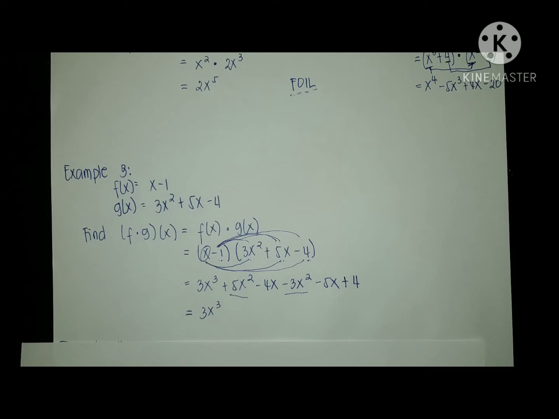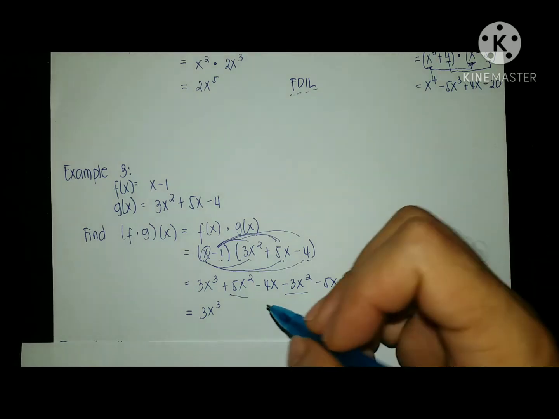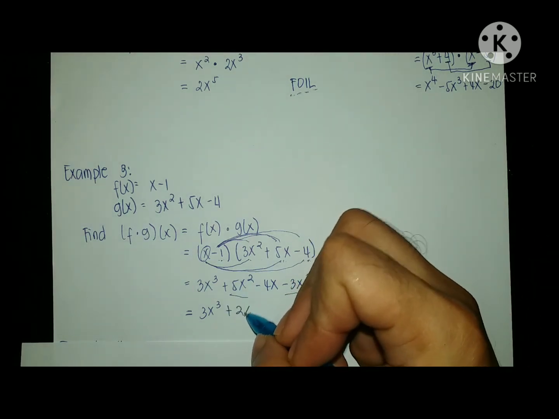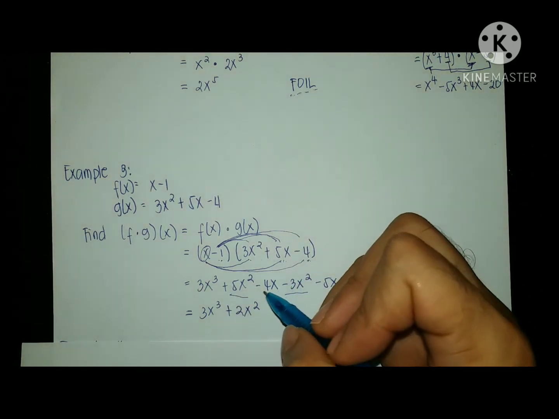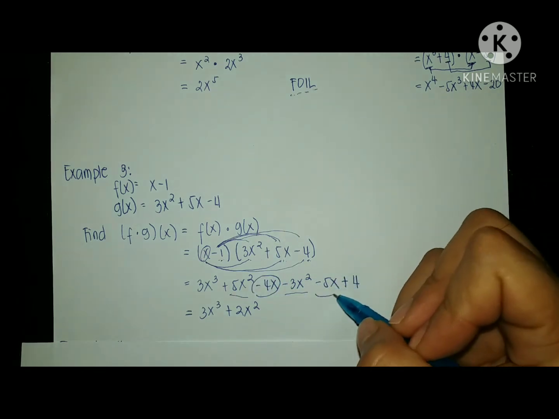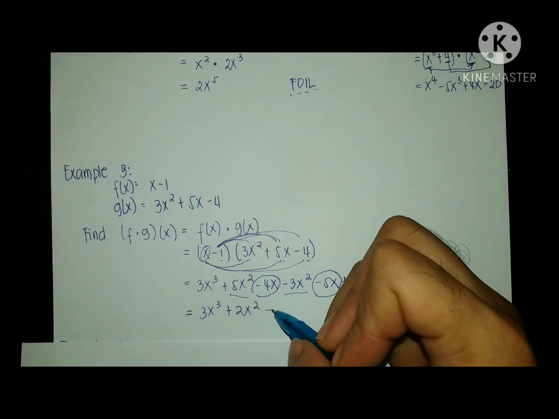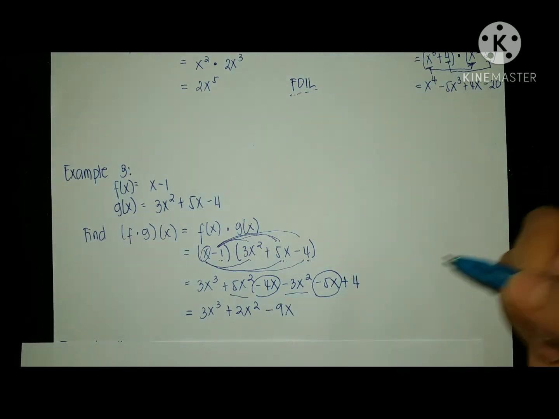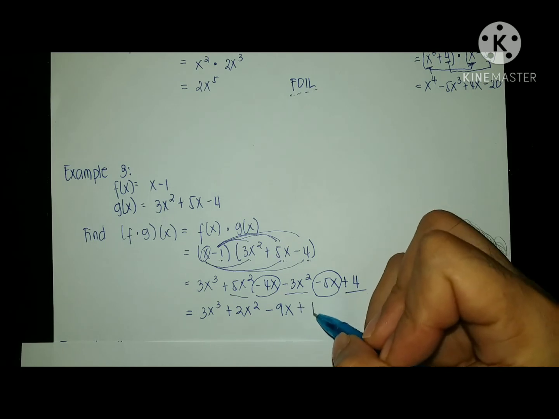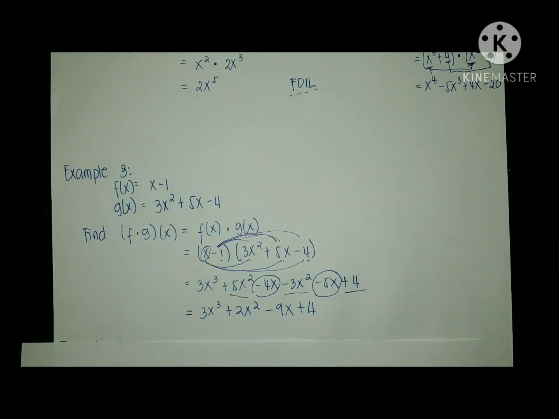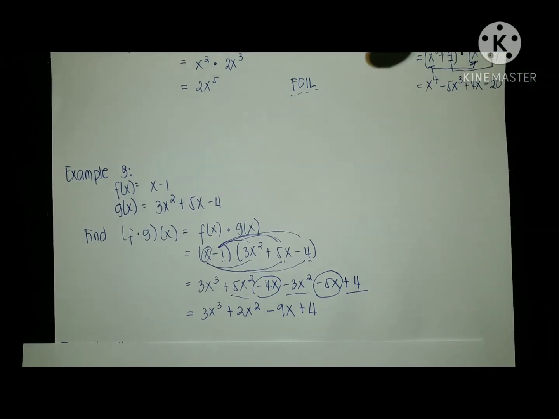So positive 5x squared plus negative 3x squared, that is positive 2x squared. Then we also have negative 4x and negative 5x. So negative 4x plus negative 5x, that is negative 9x. Then copy plus 4. So that is the final answer, which is 3x cubed plus 2x squared minus 9x plus 4.